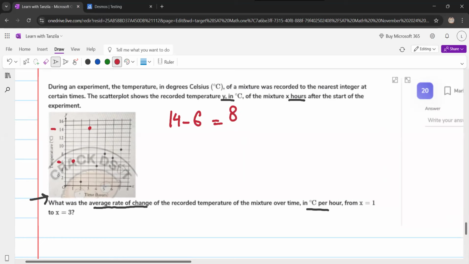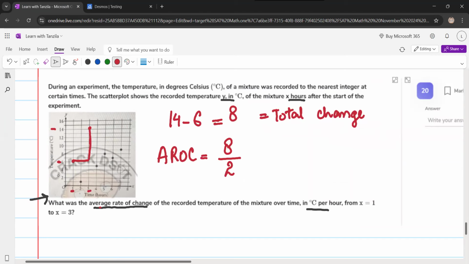8 is the total change in temperature. Average rate of change would be the change divided by the time period. It would be 8 over the change in time, which is 2, since we went from 1 hour to 3 hours.